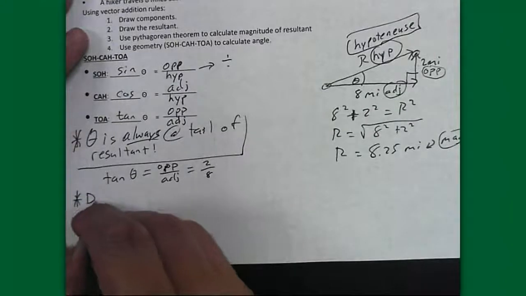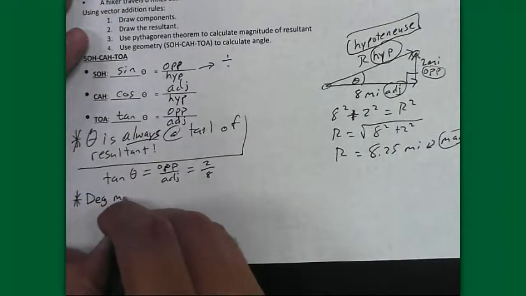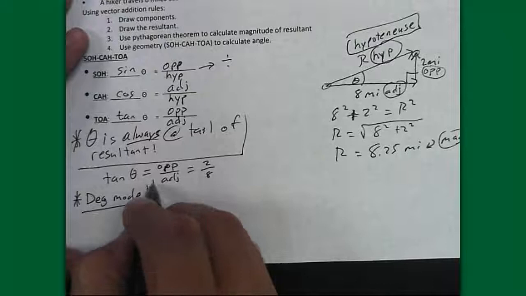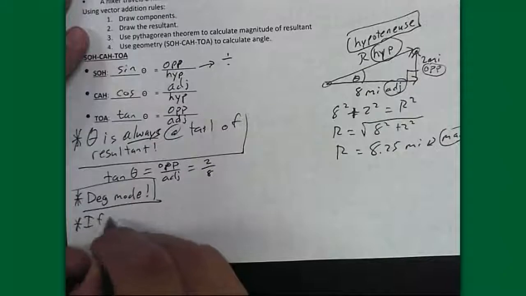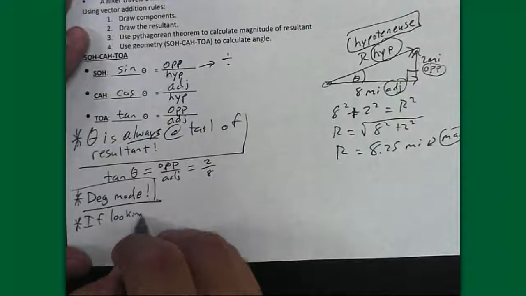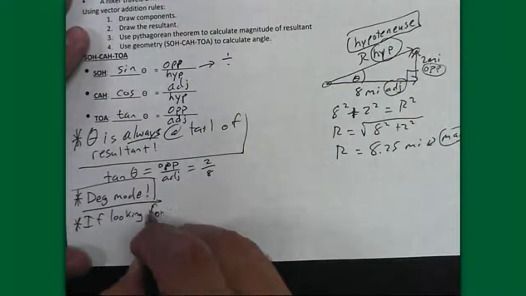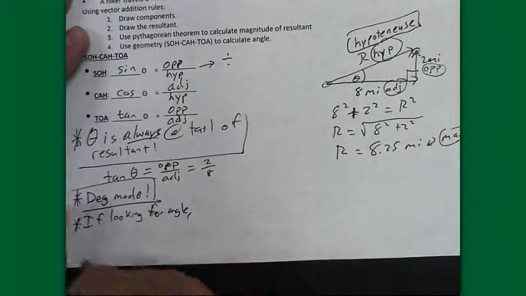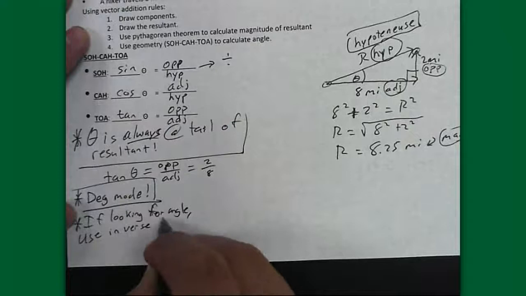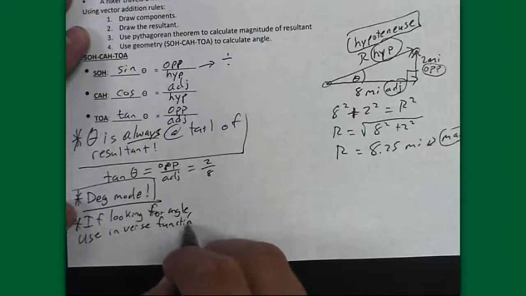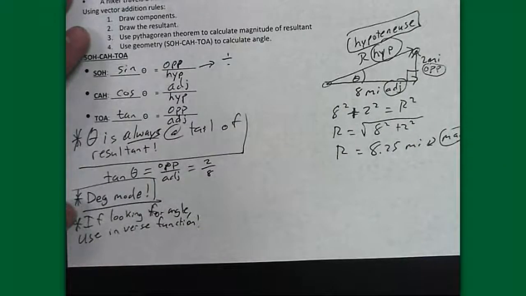Two things you need to make a note of right here. Number 1 is that your calculator needs to be in degree mode. Number 2 is this. If you are looking for an angle, you must use the inverse function. Here's what I mean by inverse function.